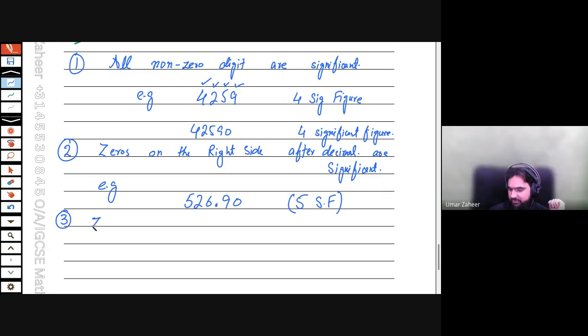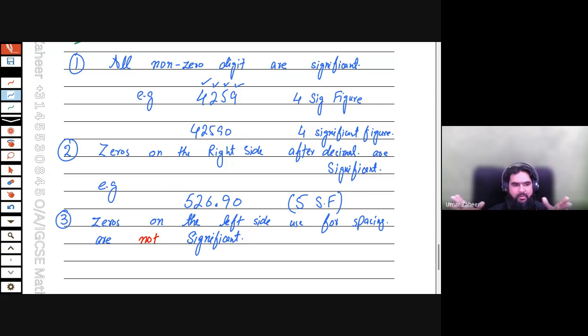Now, the third rule: the zeros on the left side, used for spacing, are not significant.